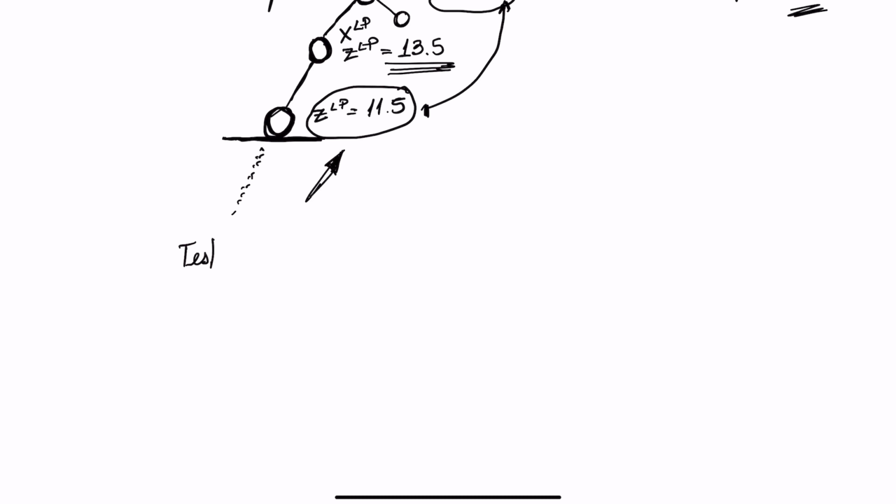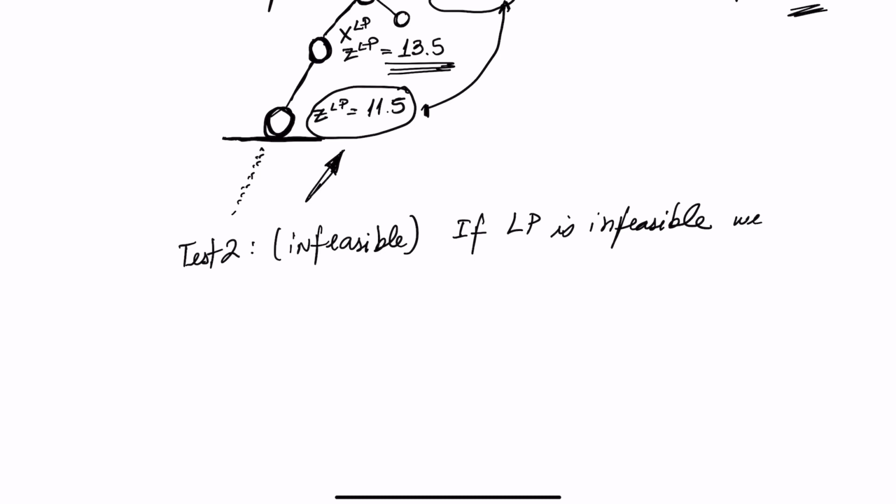Then we have test 2. The test 2 is we're checking for infeasibility, to see if the problem is infeasible. If this LP relaxation is infeasible, we will fathom the node. What does that mean? For example, we're coming from this branch.